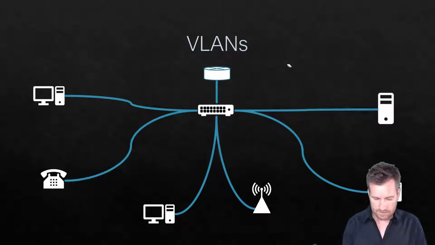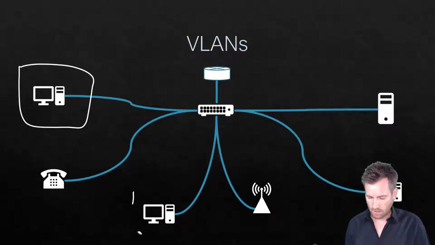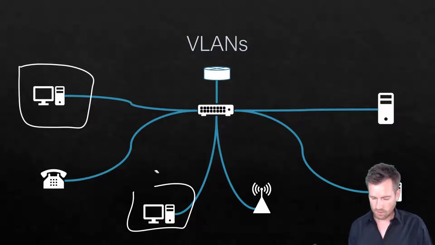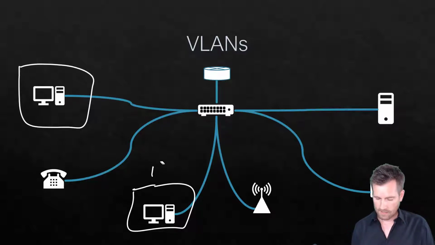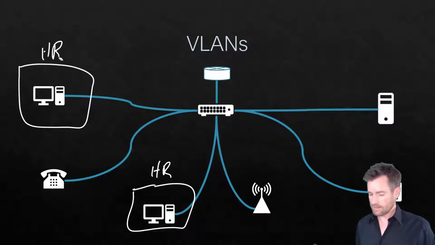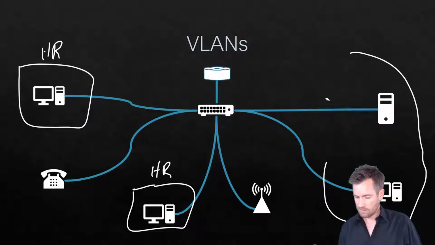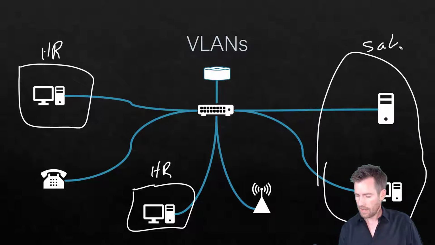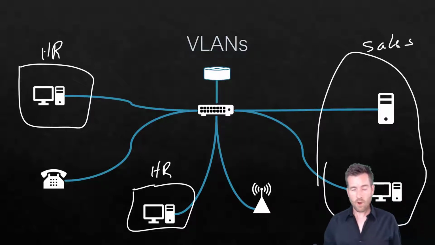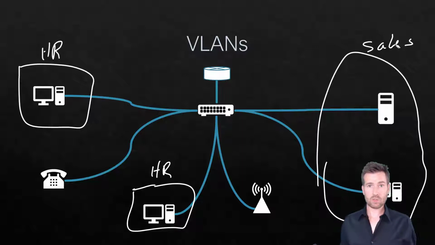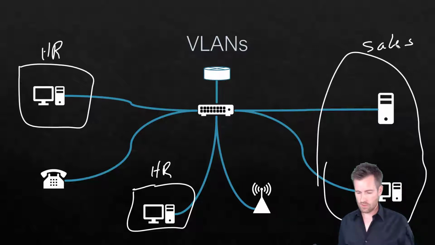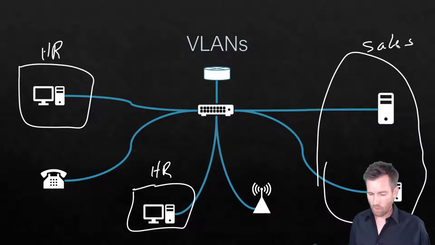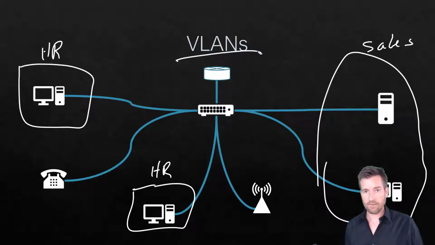An example of this is maybe we have a couple of machines here that belong to the HR group at your company, and you want your HR group to remain separate from some sales machines over here, which are a different area. Well, what you may have to do is get two different switches to manage those two different networks. Or we can implement something like VLANs.